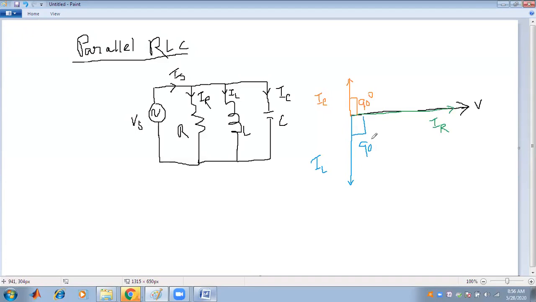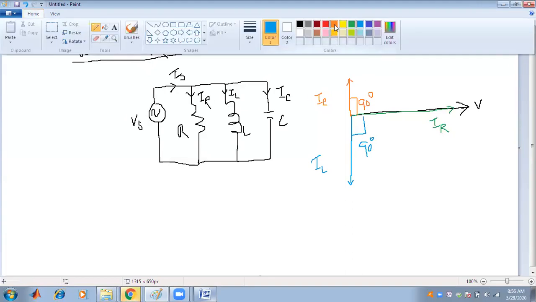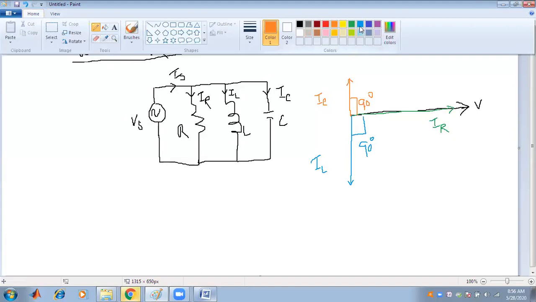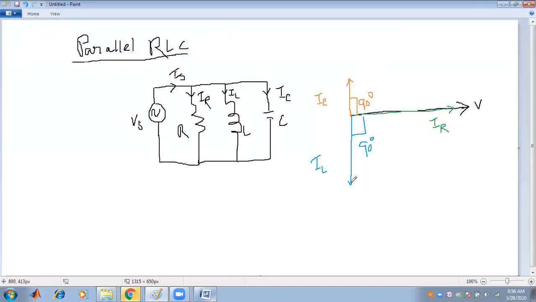Now we have to find the resultant current. The resultant current will be IL minus IC. In order to draw it, we apply the same process: minus IC is drawn from here with the same magnitude. This up to that part is minus IC, and this part is known as IL minus IC.